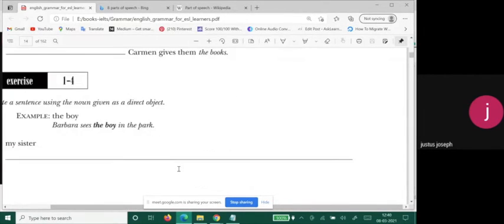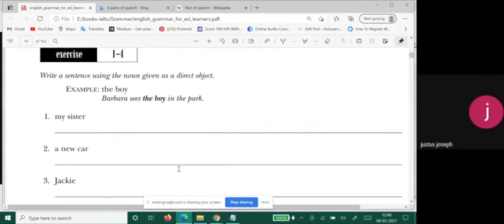Okay. So I think this is quite clear. Write a sentence using the noun given as a direct object. The boy. An example is there: Barbara sees the boy in the park. The boy is used here as a direct object. Barbara sees what?